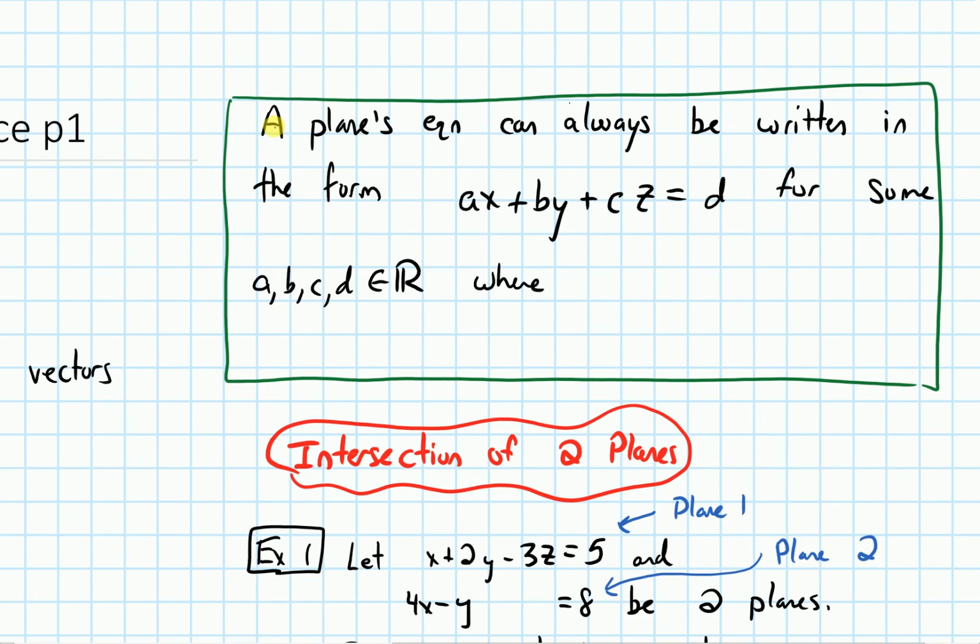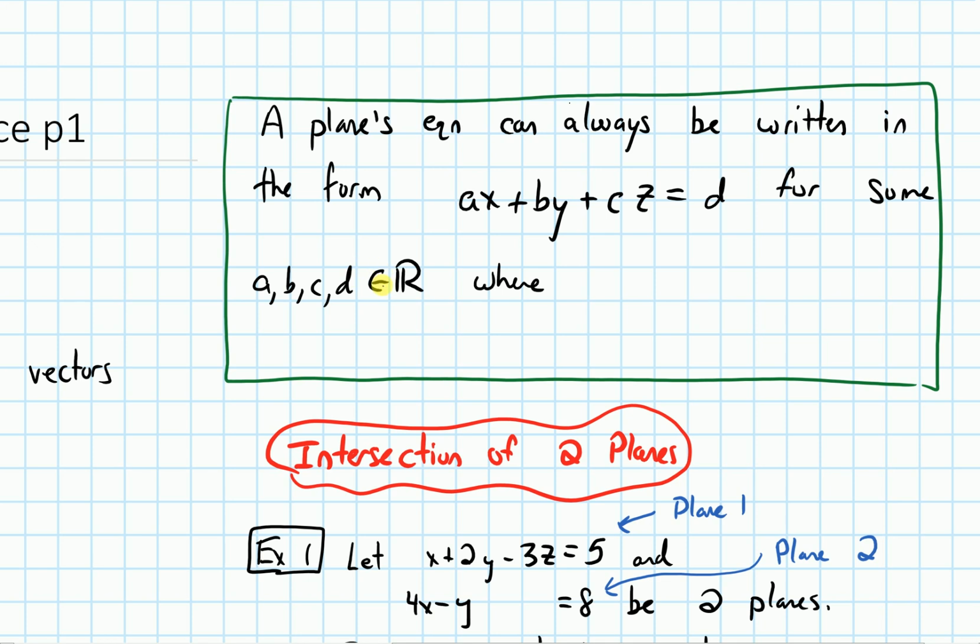All right, so when we take that dot product and multiply everything out, we get that a plane's equation can always be written in the form ax plus by plus cz equals d, where a, b, c, and d in this equation are just real numbers. That's what this notation means.